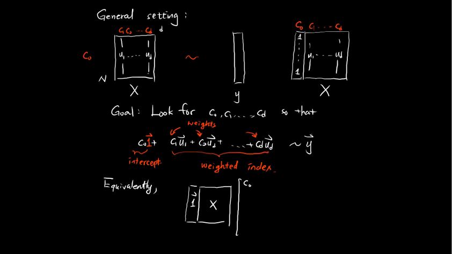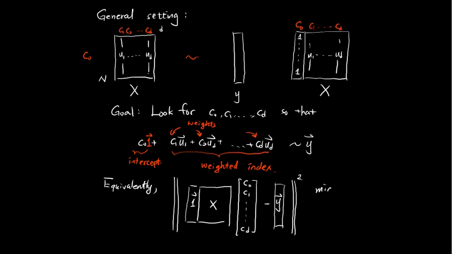We have C0, C1 up to CD, and we want this quantity to be very close to the y vector. And how do we measure the closeness of two vectors? We can do the norm. We just calculate the distance between these two vectors, and we want it to be minimized.